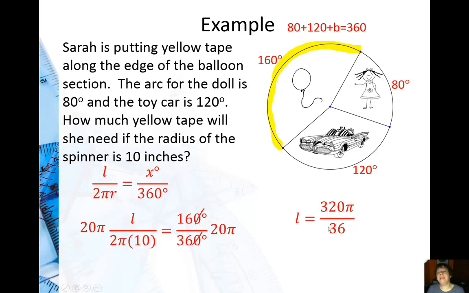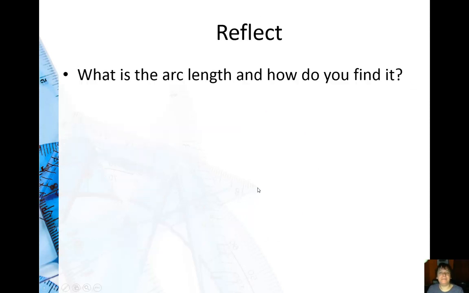So it looks like it's 80 pi over 9. But I'm going to go ahead and give this in inches, and when I use my calculator, I get about 27.9 inches. So what is the arc length, and how do you find it? Don't mix it up with arc measure. They're related and they're proportional, but they're not exactly the same.